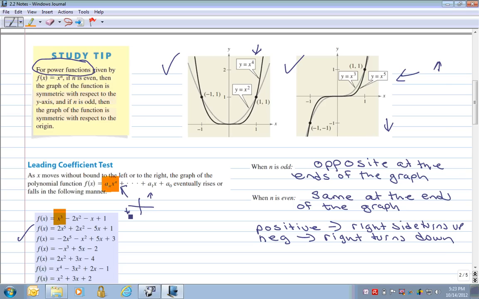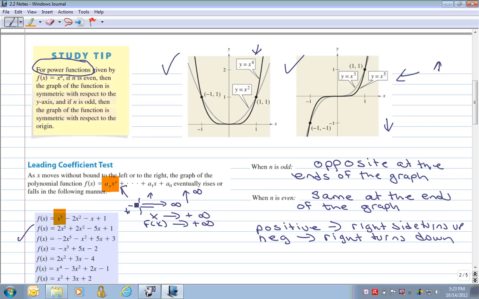Let's talk a little bit about notation. In other words, on the right side, as our x values approach infinity, as they get really, really big, our y values, or our f of x, are going to approach positive infinity. So we would write that as: as x approaches positive infinity, our f of x also approaches positive infinity.